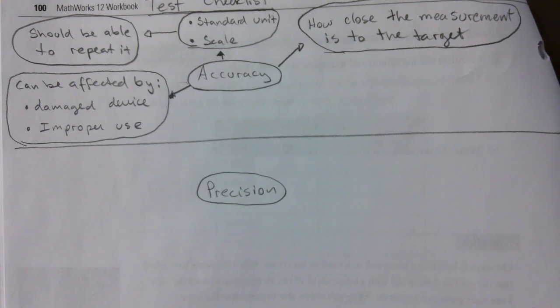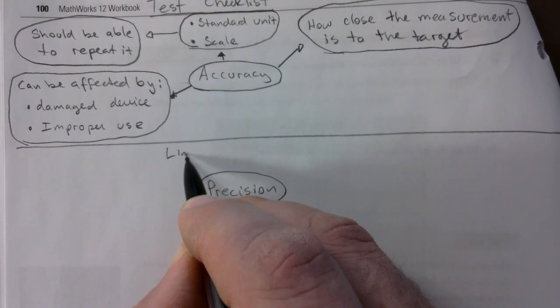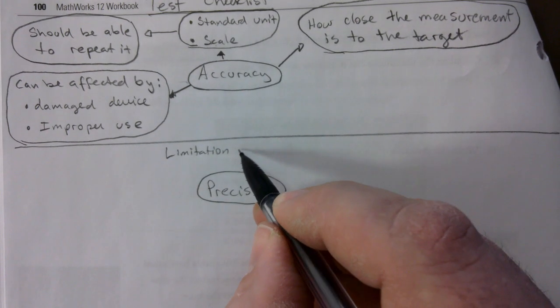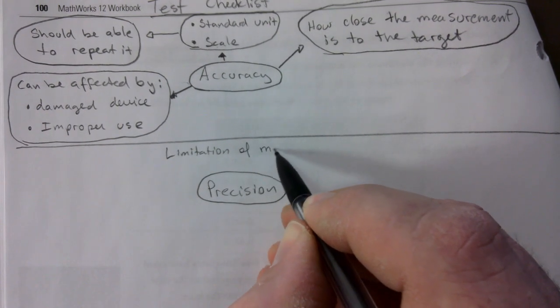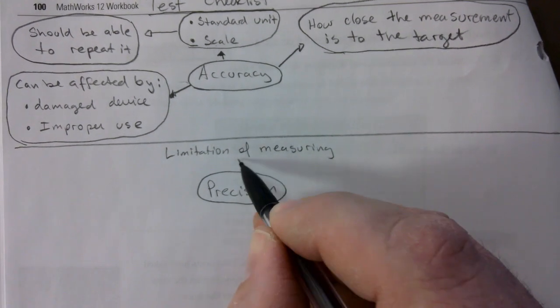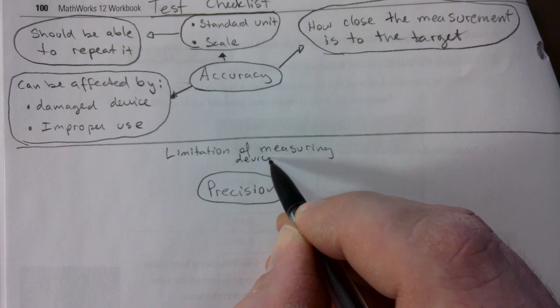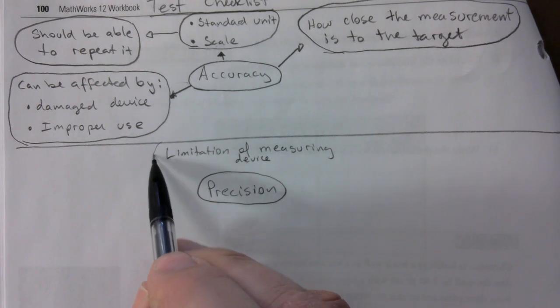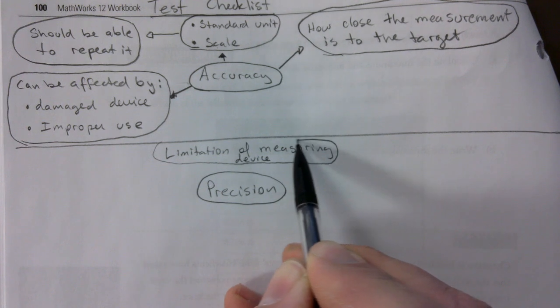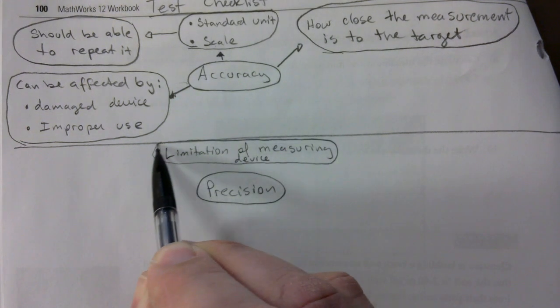Precision, as a definition, is the limitation of measuring device. I don't know if you remember the scale that I brought, right? It could be pretty precise, but at some point, it has to round.